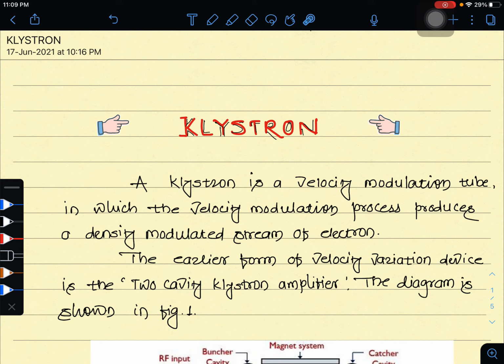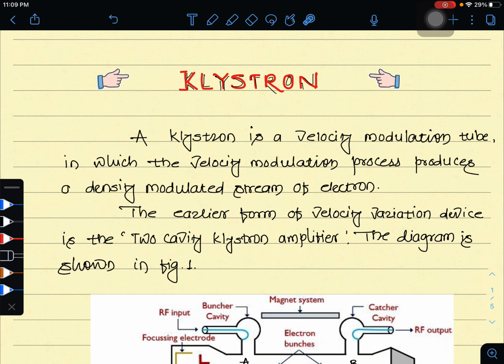Today we are going to start the third chapter, which is named microwave active devices.